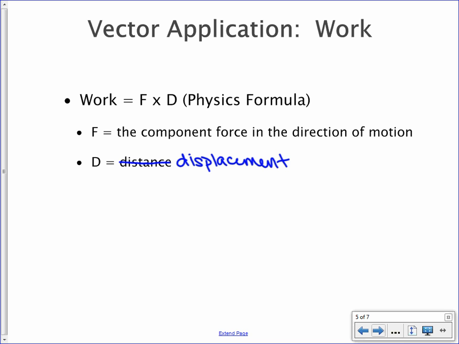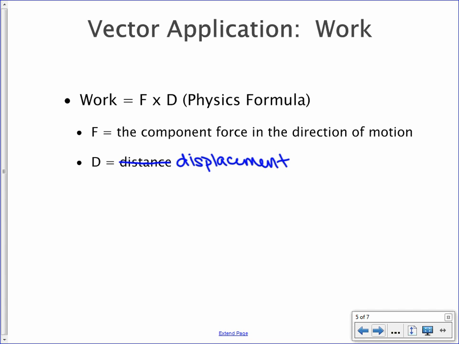Now, what's important about the force is that the only component of force that matters is the direction in which our object is moving. So if I'm pulling something at an angle, but it's dragging along the floor, the only force that matters is the horizontal component of force, because that is the way the object is moving.